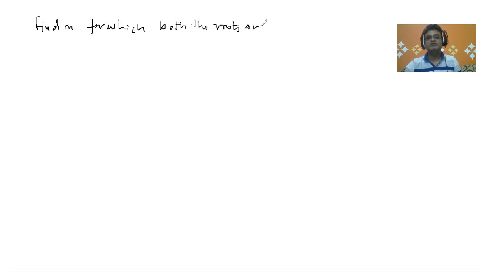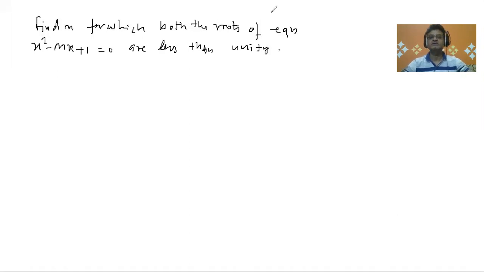The question is: find m for which both the roots of the equation x square minus mx plus 1 equals 0 are less than unity. Unity means 1. Then how to solve this question?